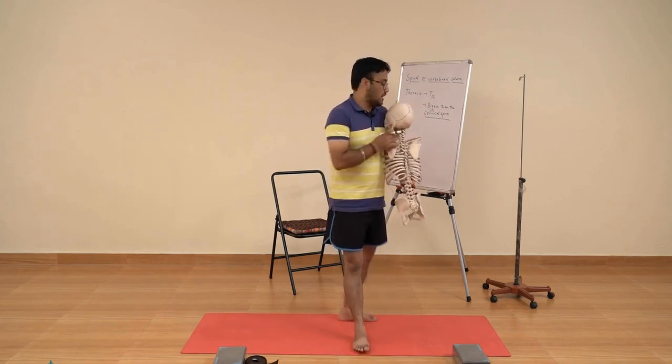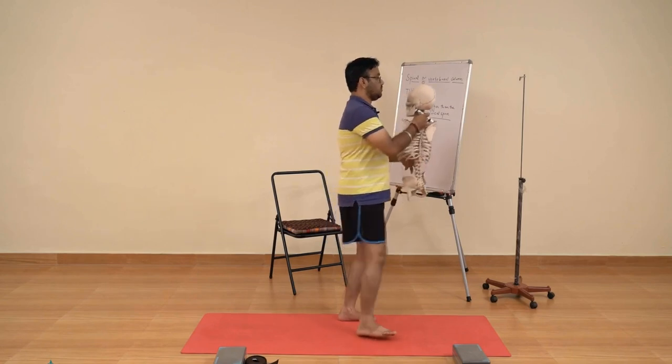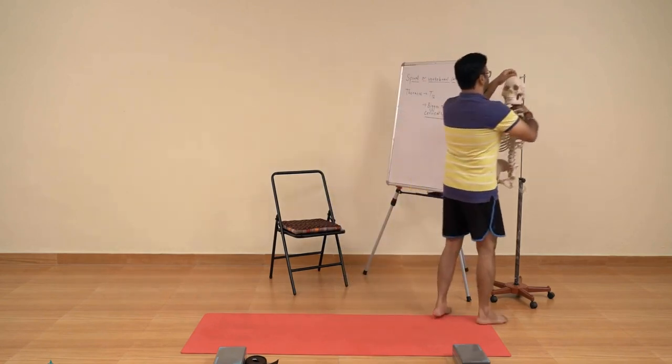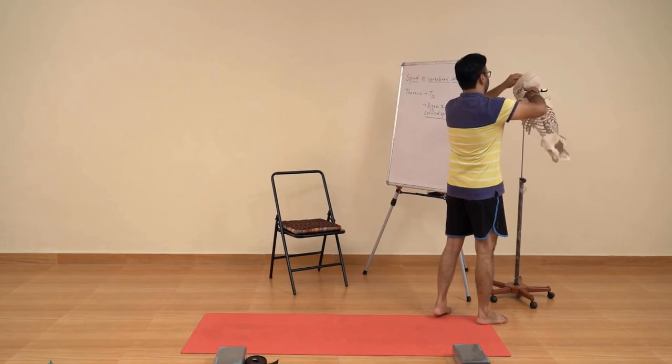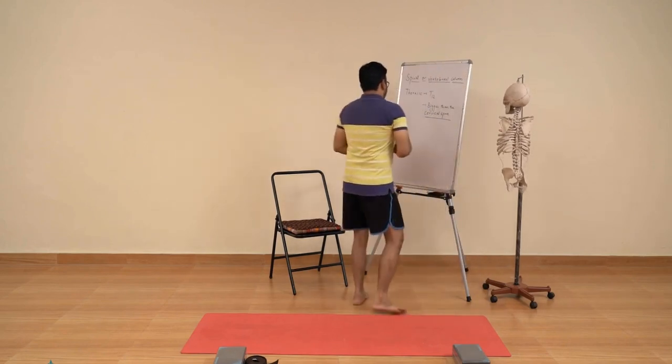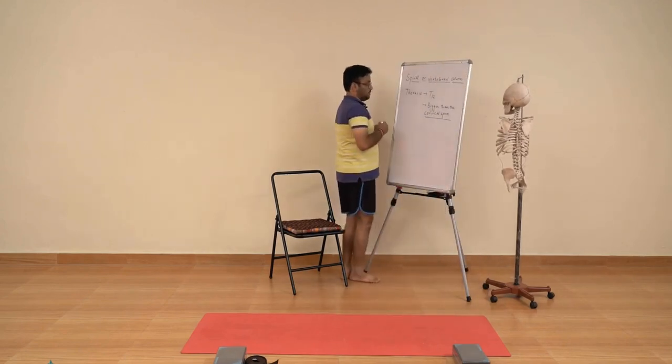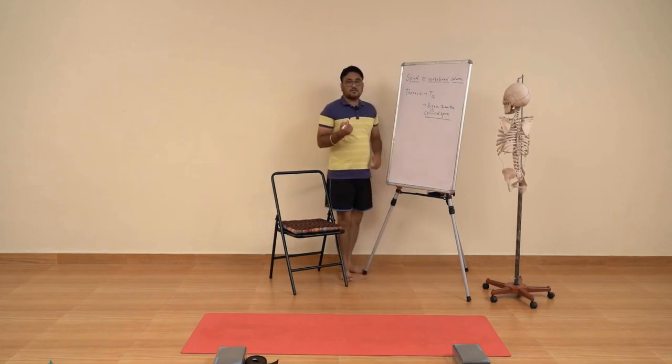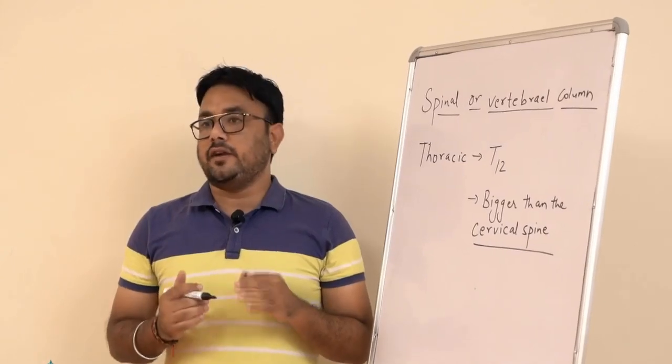After the T12, the problem that occurs. So thoracic spine T12. Now one more question: how many ribs do we have? Any idea, guys?